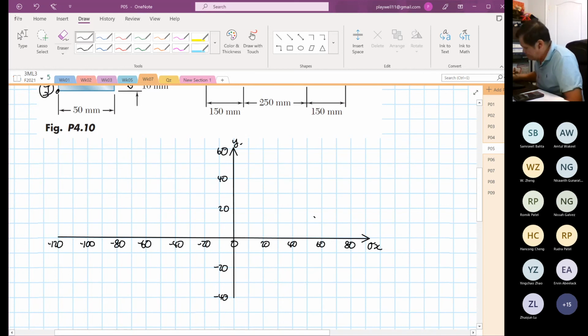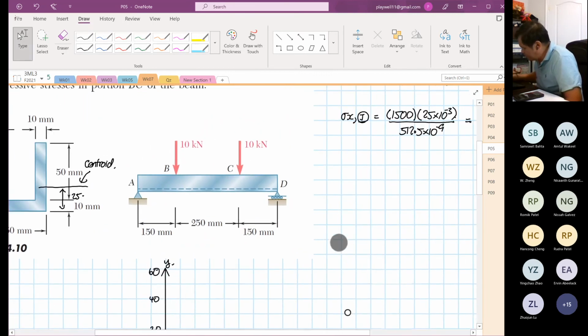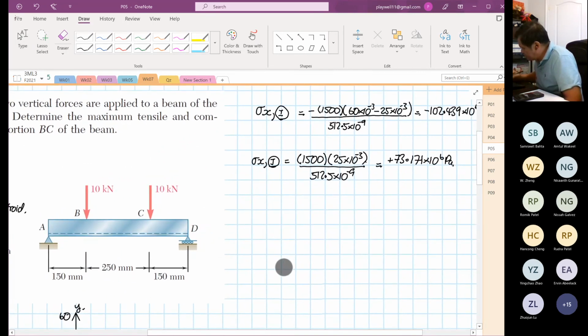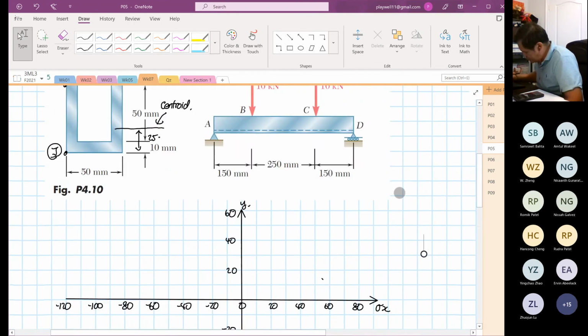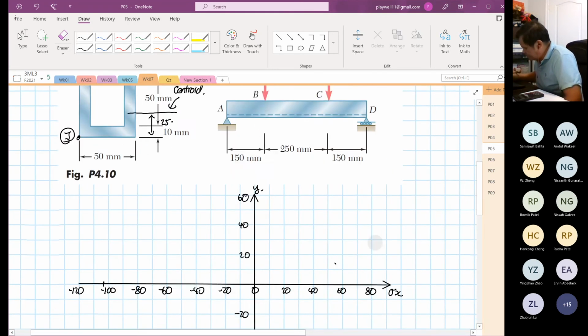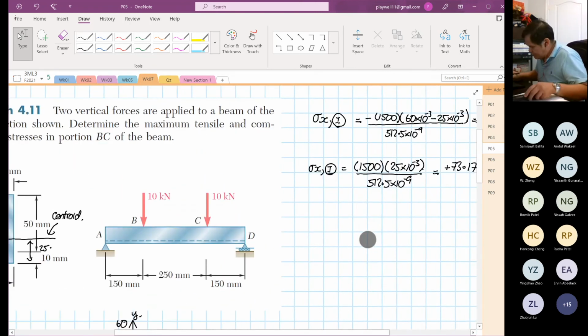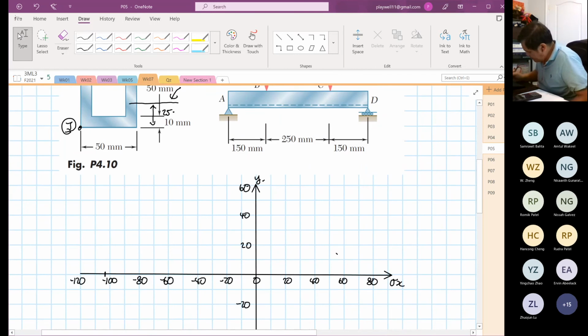We know for the top, point I is in compression, at 102.439, so it's somewhere around here. And the distance from the centroid, 60 minus 25, is 35. So you draw 35, somewhere around here.